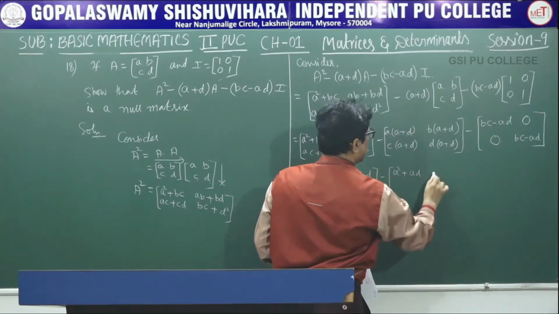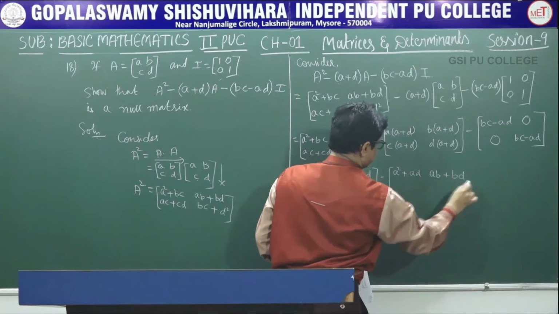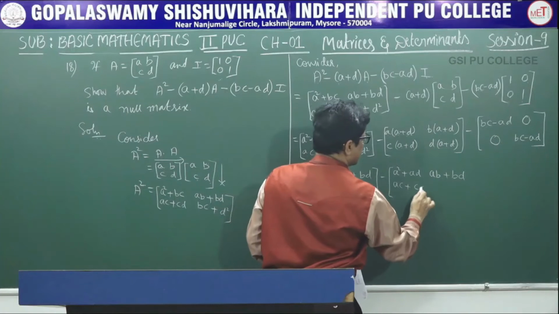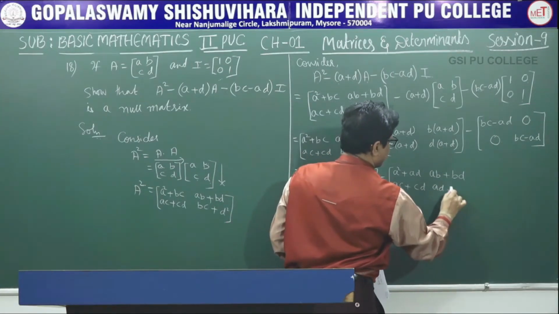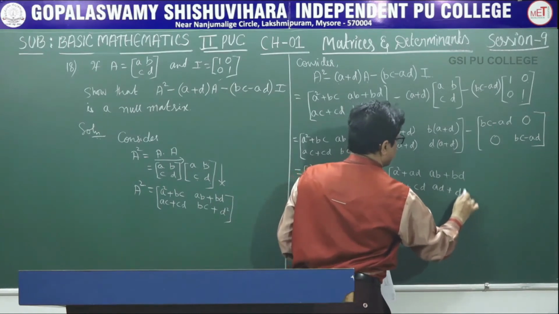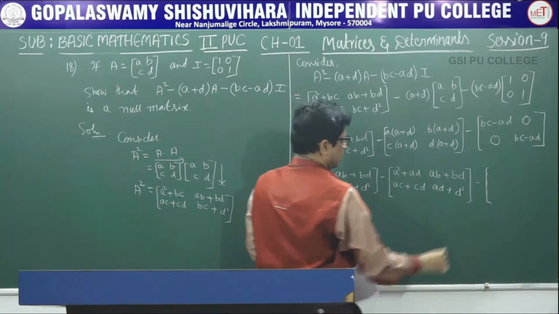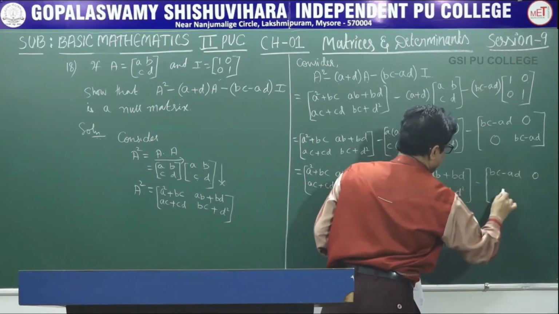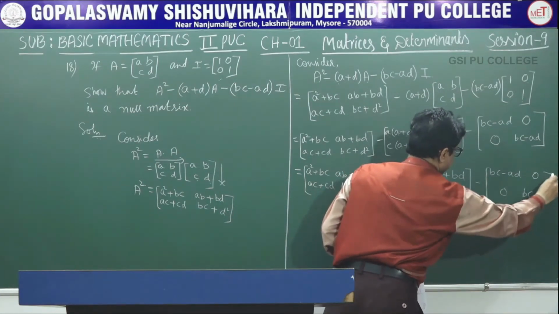Similarly here also B into A, AB, B into D, BD, C into A, AC plus C into D, CD. Next here D into A, AD plus D into D, D square minus of BC minus AD, 0, 0, BC minus AD.